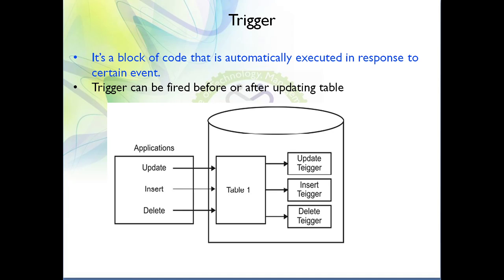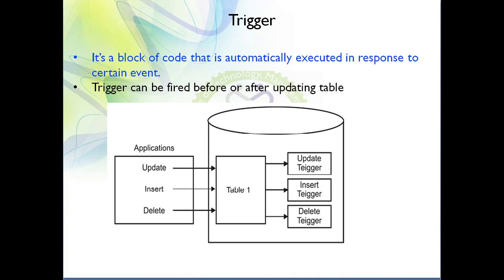That means whenever I'm going to insert data into a table, I want the database to notify me that the row is going to be inserted into the table. So trigger gets executed automatically whenever a particular action is performed on the table. Here we'll see what are the different operations you perform on the table. At that time trigger gets executed.